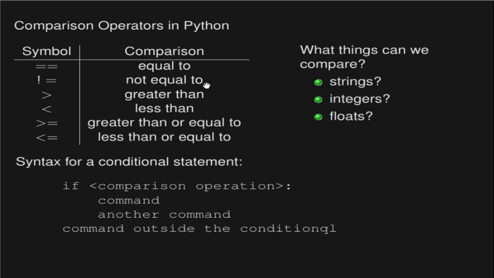And we can say, well, what things can we actually compare? Well, can we compare strings? Yes, we can. Can we compare integers? Absolutely. And can we compare floating point numbers? Yes, we can. And so for floating point numbers, probably here's a good place to give a warning: comparing equality with floating point numbers can be a dangerous thing.